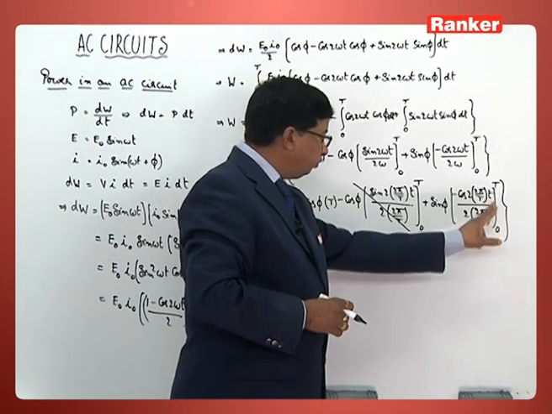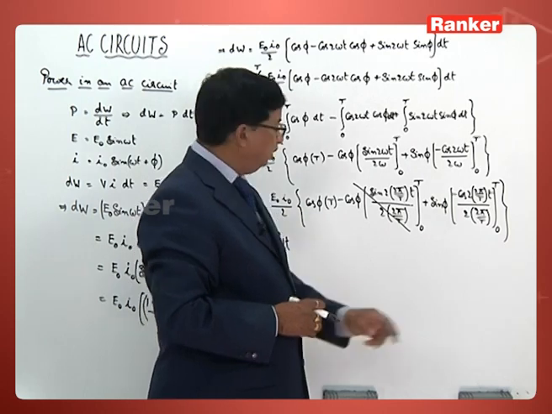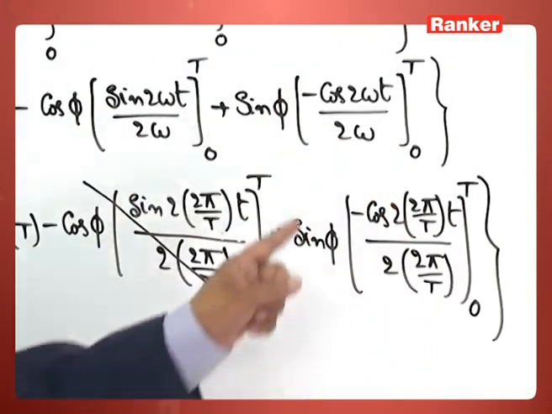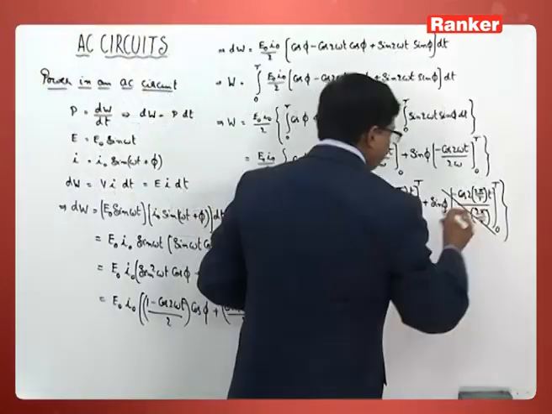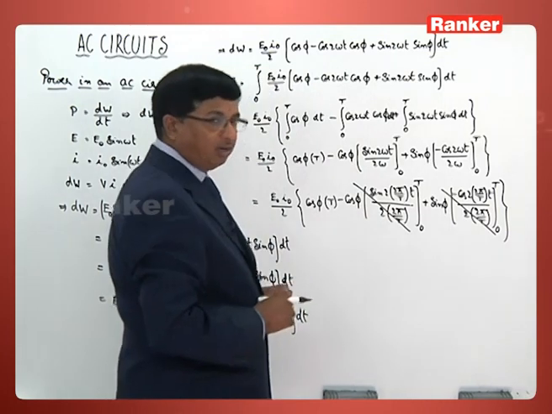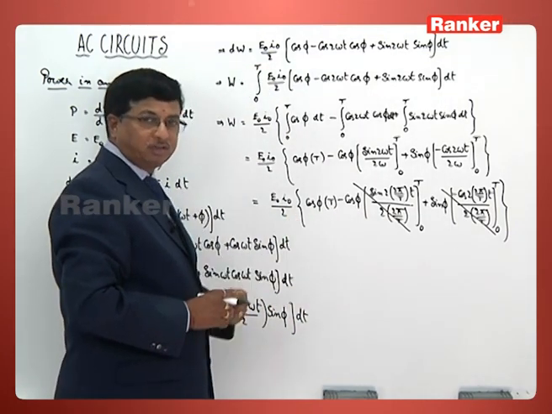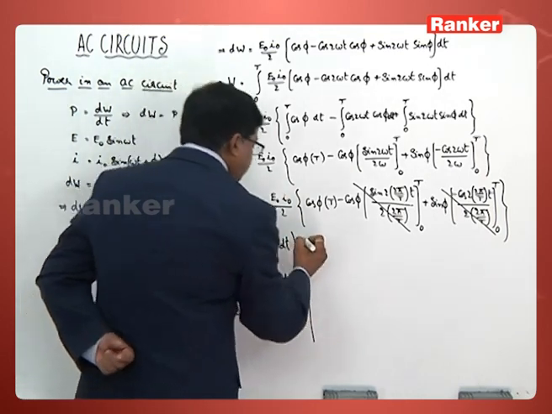When I substitute 0 in place of t, that is the lower limit, you will be getting a plus 1 there, so that again this will be 0. So these two get cancelled. What now is remaining? Just look at it. So what is the ultimate result we are getting from this?